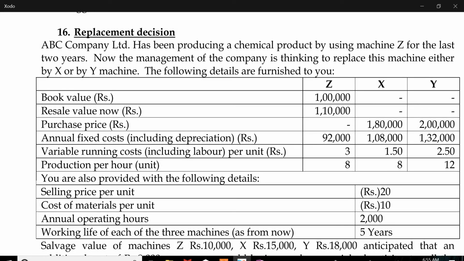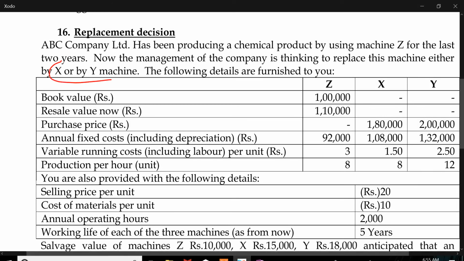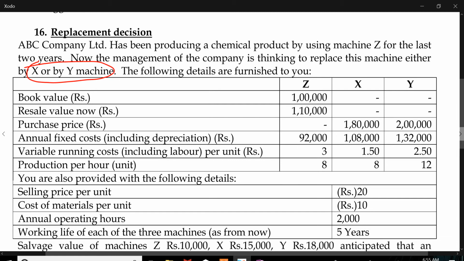Now, ABC company has been producing a chemical product by using machine Z. So machine Z is your existing machine. Now the management is deciding whether to replace it by X or Y machine. So whatever is given for Z is problem number 1.